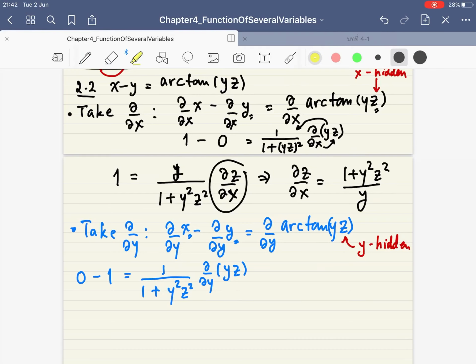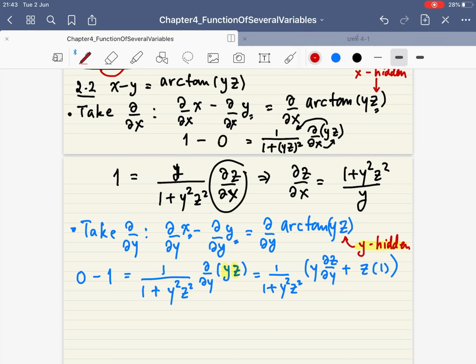But here again, as we told you, this one has y hidden, so these two things are two functions of y multiplied. So you really need to use the product rule, which is the first derivative of the second plus the second derivative of the first, which is 1.